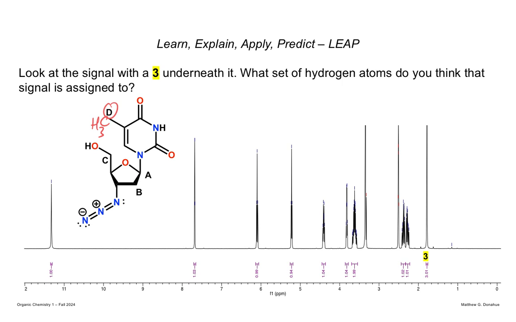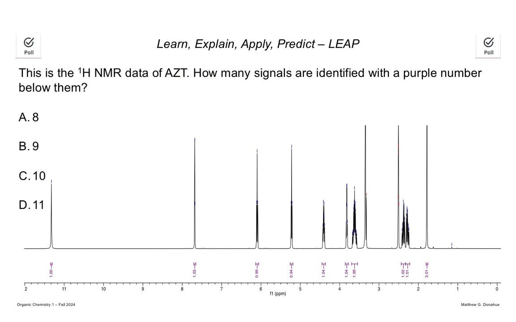But now the next question is, we've added these numbers up and got 13. Now what I want you to do is just count the signals themselves. How many signals do you see in this spectrum?